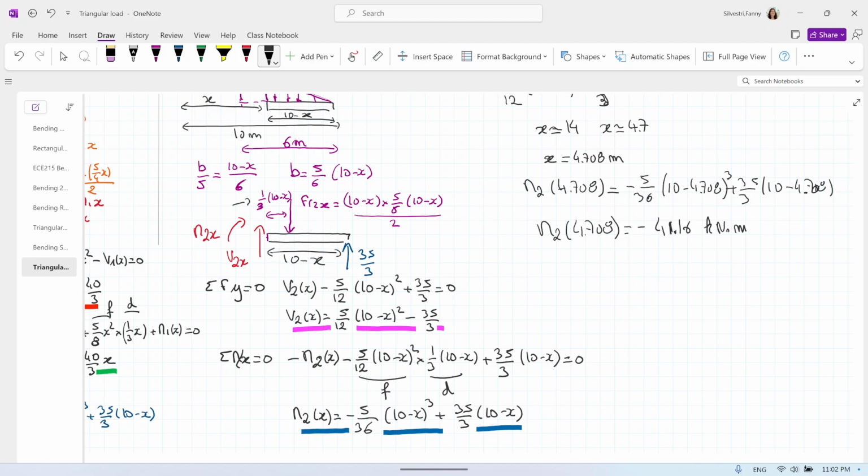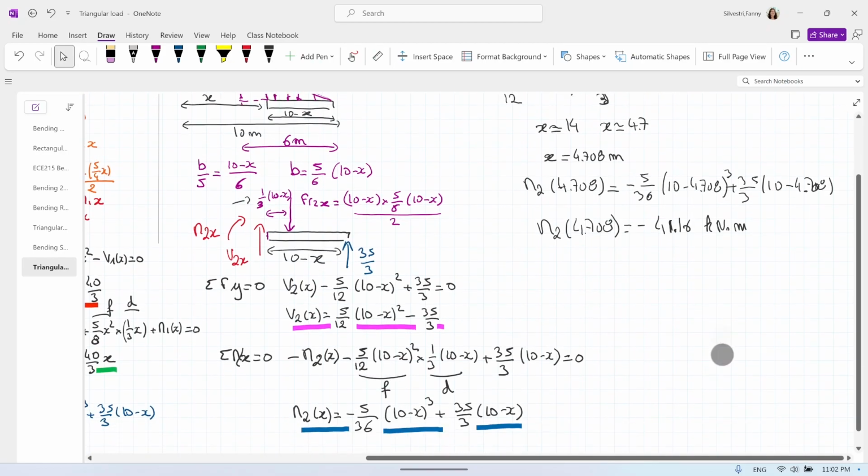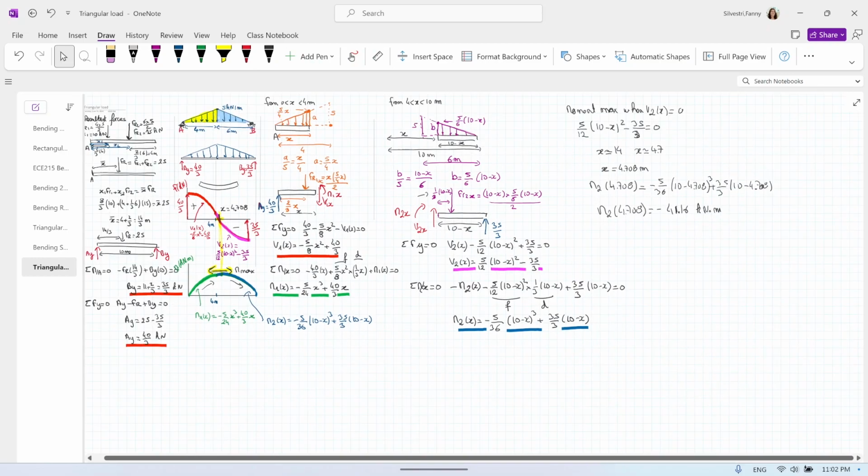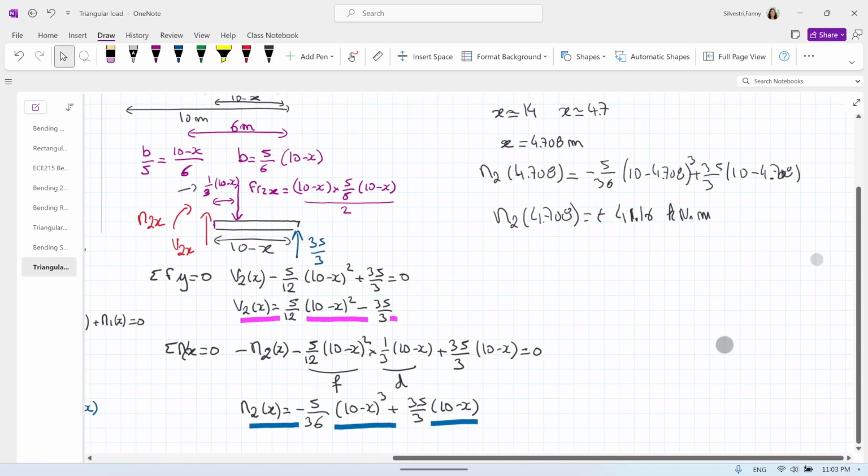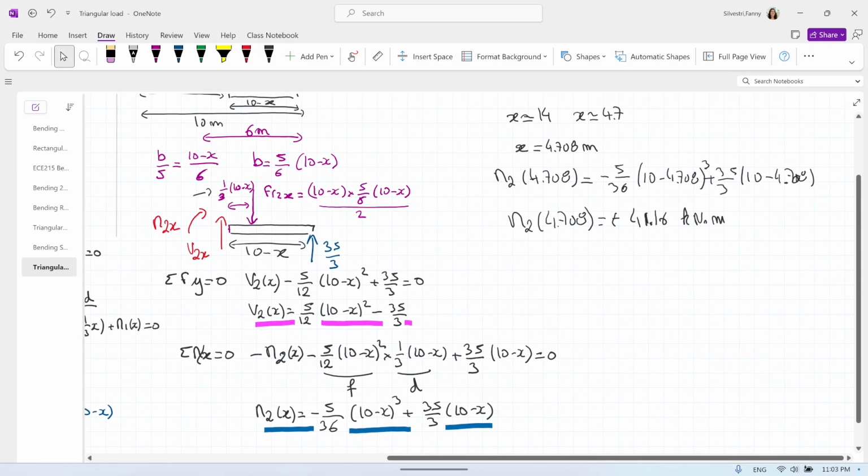I know it's negative, but depending on your section, you need to find the moment max. Yeah, you may need to find the moment max positive and max negative. In our case, is it positive? Oh no, it's plus, it's plus. So in our case, the moment is positive, and remember our beam is in flexion like this.